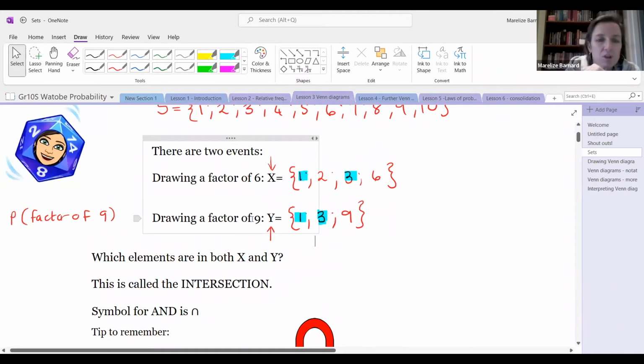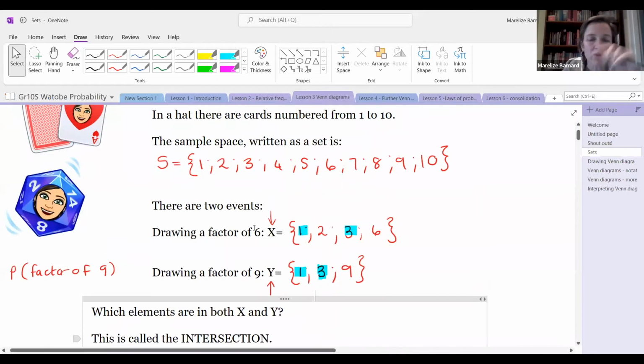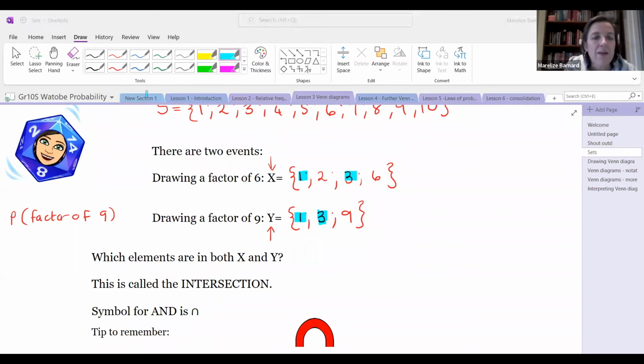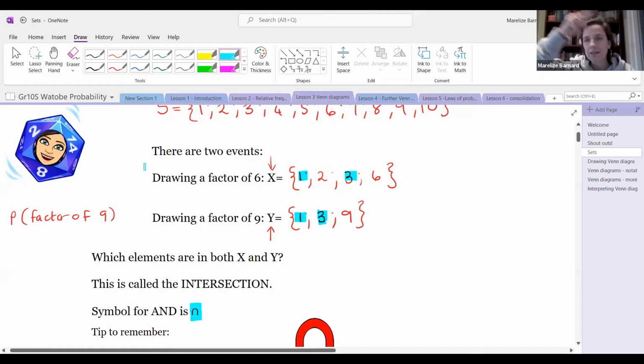It's just a big word that we use when we talk about sets and Venn diagrams and probabilities, that the intersection is the elements that are in both X and in Y. And because it's such a long word, and because mathematicians always like to use symbols for things, there is a symbol for intersection, and it's this one here, the one that looks like an N without the sort of leg, if I can call it that.